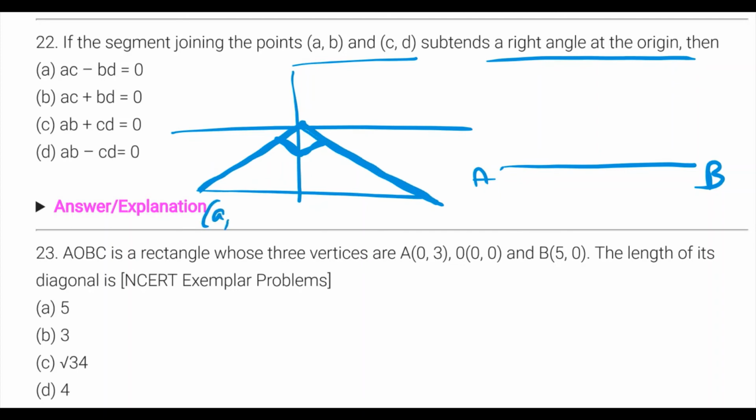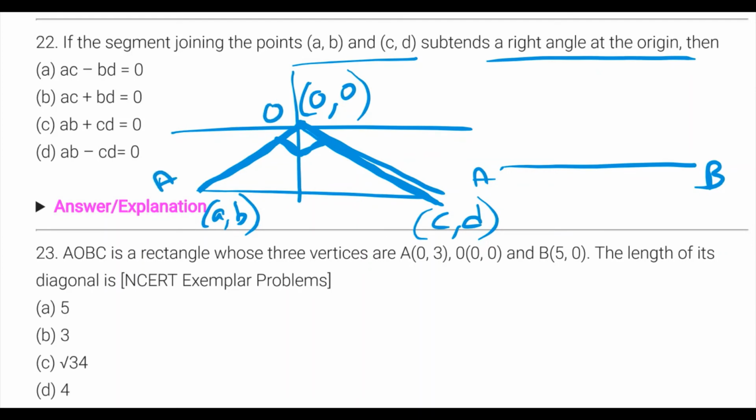point A is A comma B and point B is C comma D. This is 0 comma 0. So A, O, B. I can say that AB square equals AO square plus OB square.